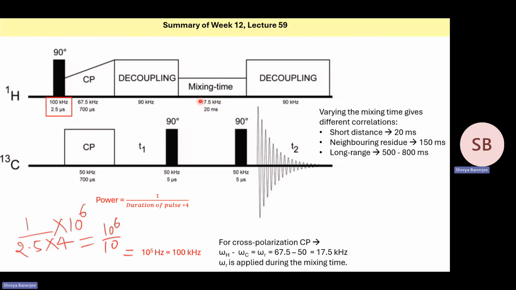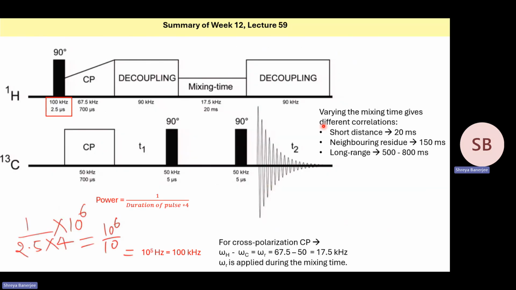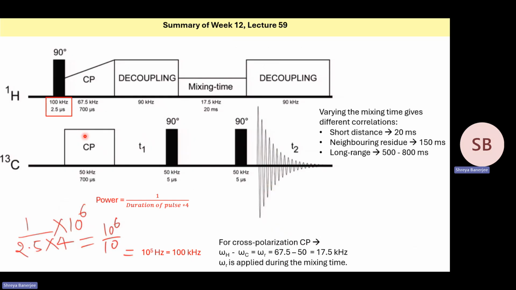So now if we vary the mixing time, we will get different kinds of correlations. If we give a very short mixing time like 20 milliseconds, then we will get only short range correlations that is directly connected, so C alpha to C beta to C gamma, and so on. If we give medium range mixing times like 150 milliseconds, then we will get correlation with the neighboring residue, like from C beta to the C prime of the previous residue, or C alpha to the C prime, or C alpha to C alpha of the i minus 1 residue.